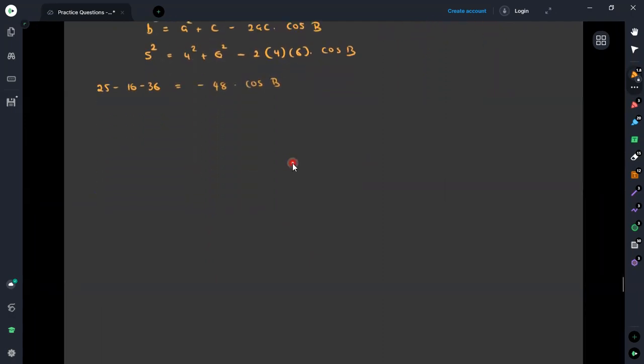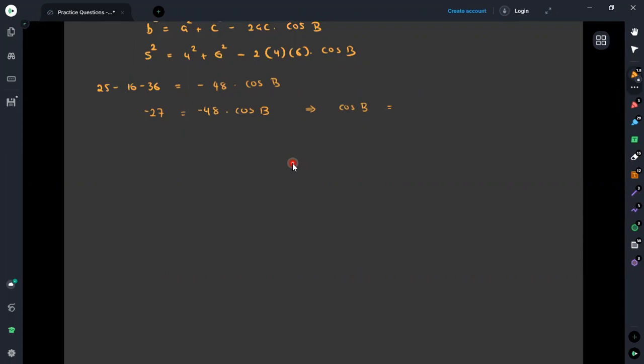Then we'll get the left hand side, it is 25 minus 16 minus 36. We'll get this as minus 27 equals minus 48 times cosine b. Then this leads to the value of cosine b equals minus 27 divided by minus 48.